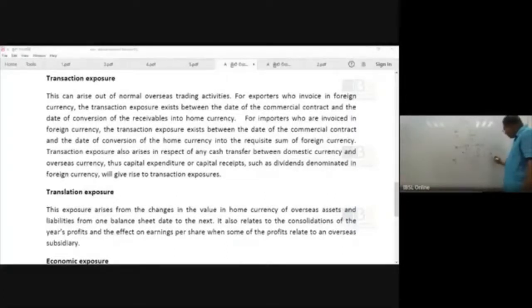USD to LKR, 150 has become 165, right? And here 150 means 150 upon 1, right? So 165. 1 has become 1.01.